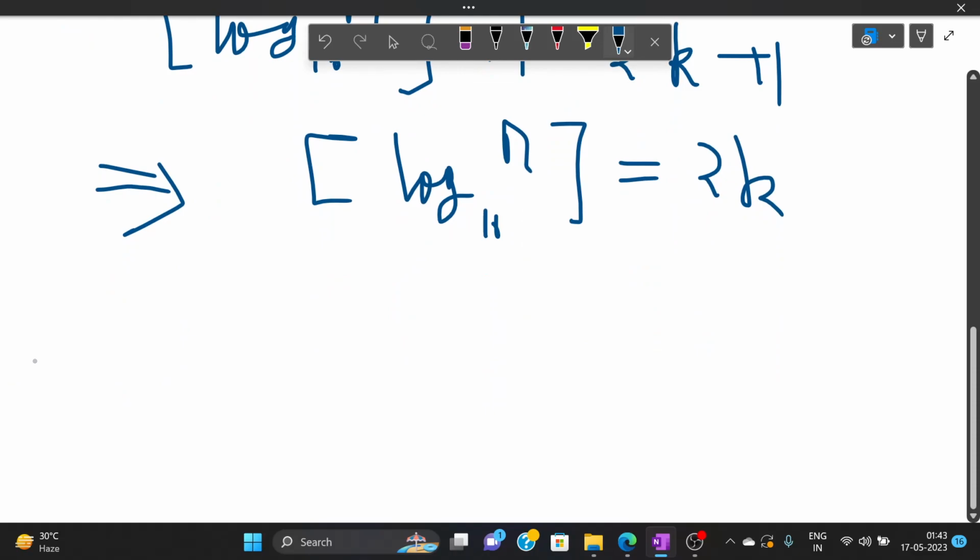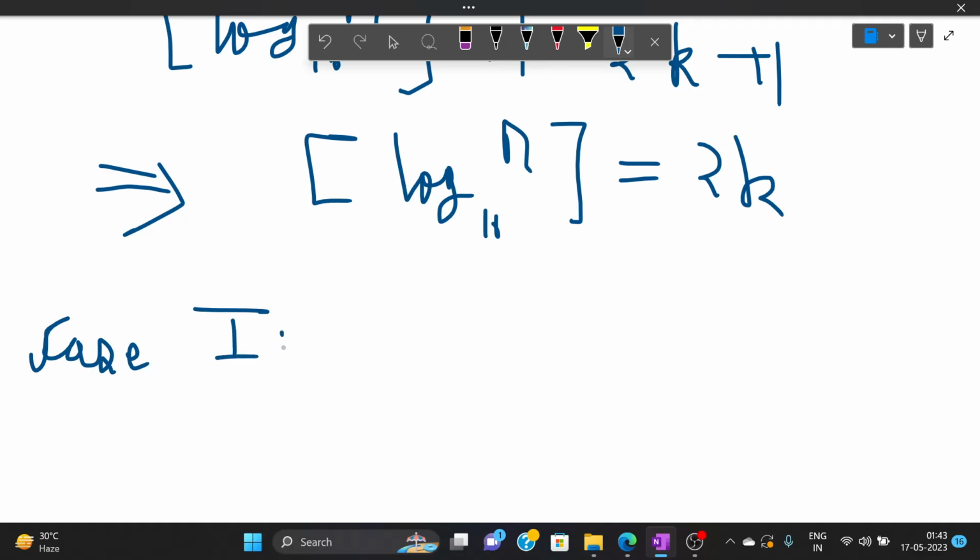So now we have two cases. Case 1 is that n is of the type 10 to the power L1 multiplied with some constant, say k1.